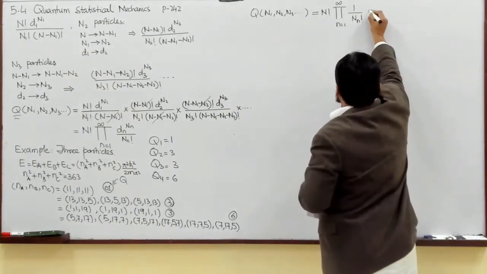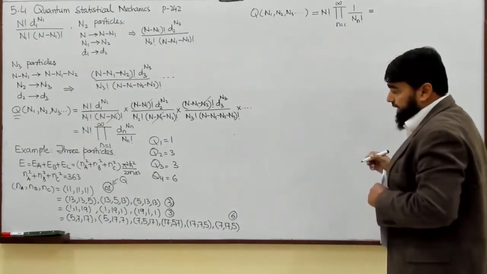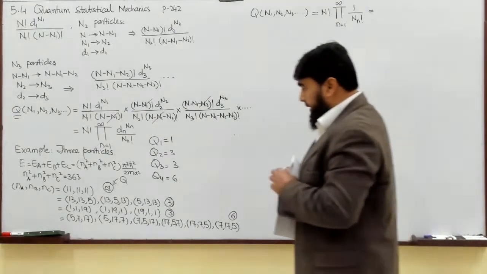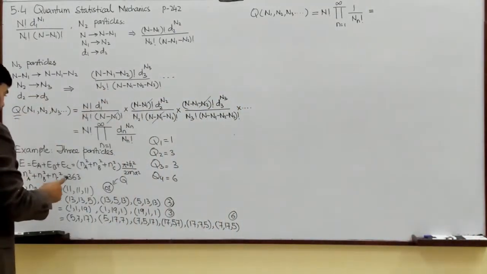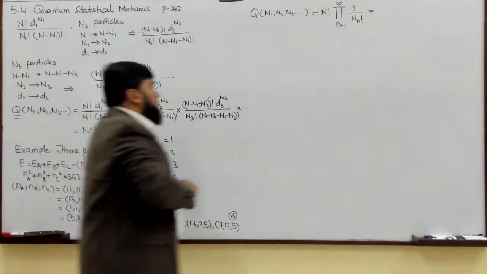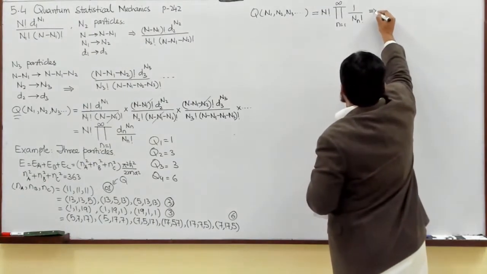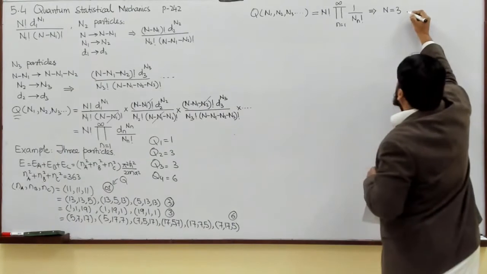How many total particles do we have? We have a total of 3 particles.